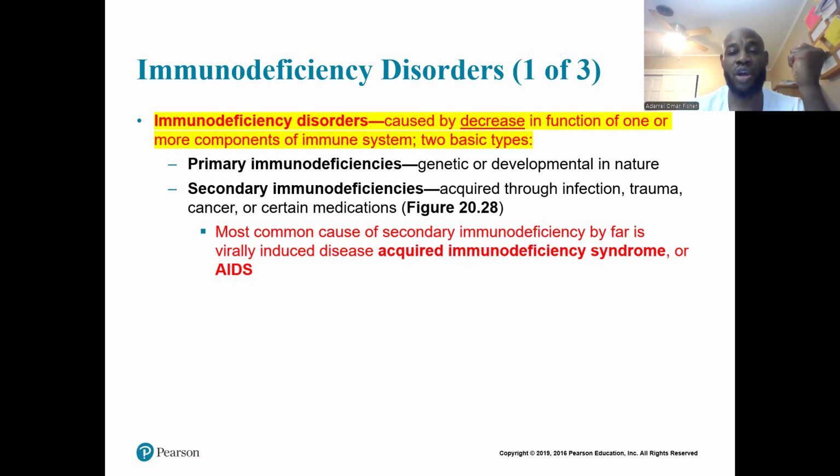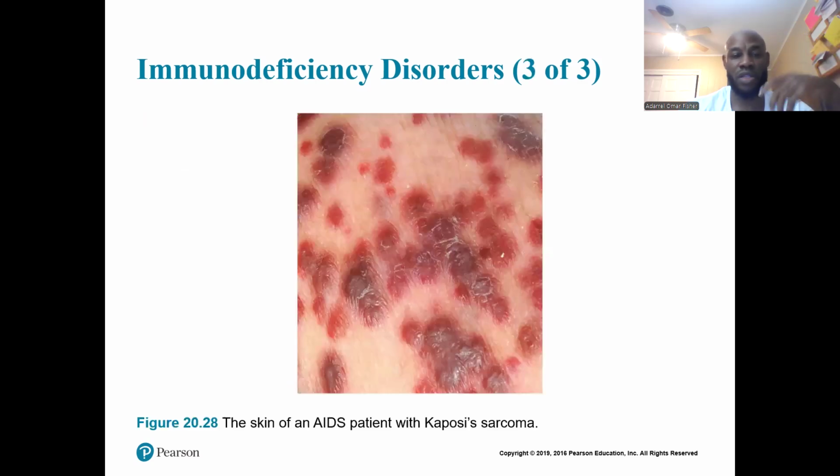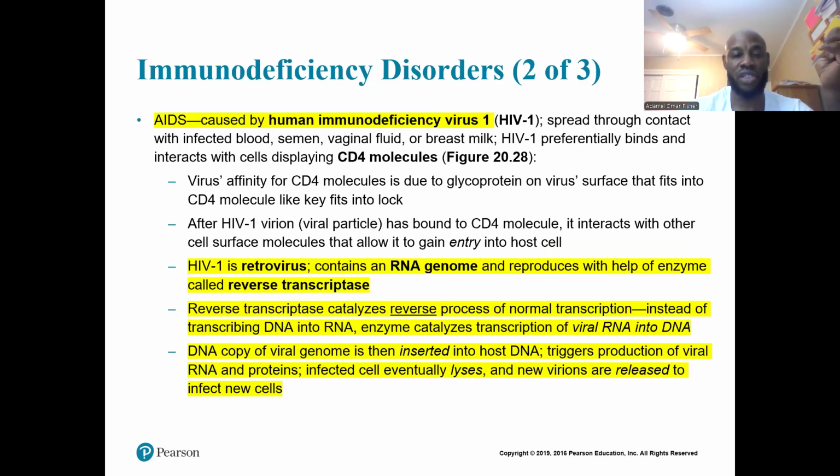AIDS is one of those, acquired immunodeficiency syndrome, where it basically causes your immune system not to function properly. AIDS is caused by the human immunodeficiency virus, HIV-1. It's a retrovirus, operates by reverse transcriptase, and basically causes your body not to function properly.